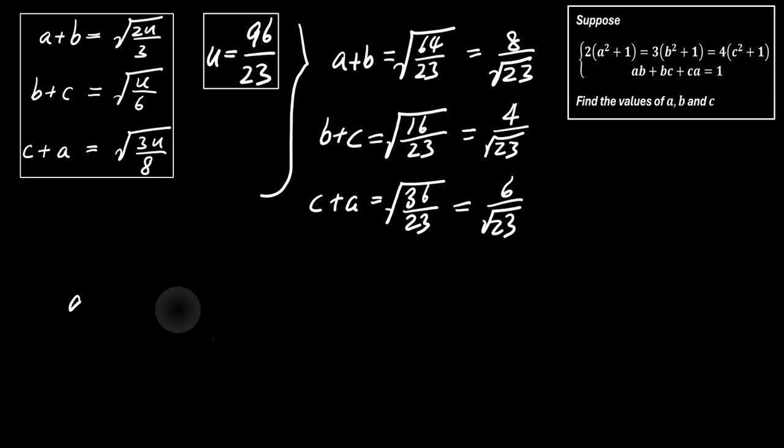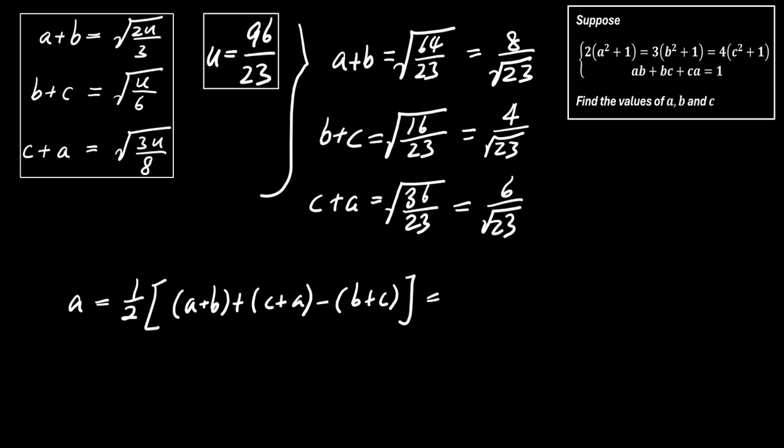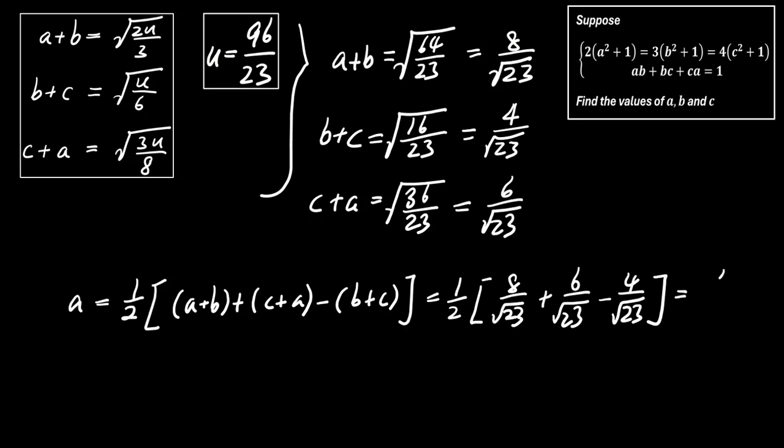To find a, take 1/2 of (a plus b) plus (c plus a) minus (b plus c). This simplifies to a equals 5 over square root of 23.